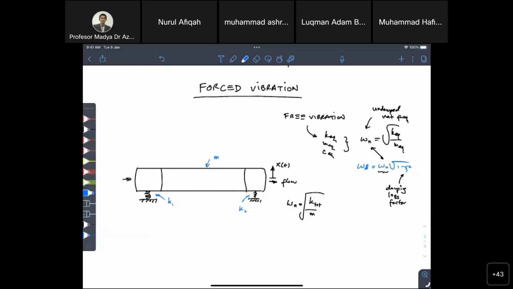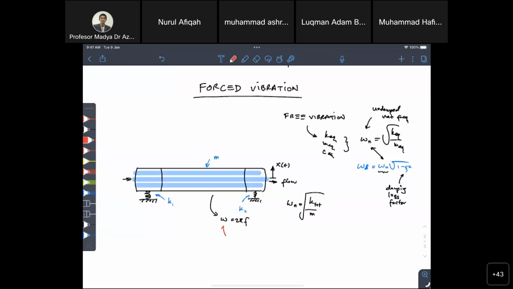Now, if we let the fluid flow inside the piping, the fluid can have different velocity, and different velocity will generate different frequency. So the fluid will excite the vibration of the pipe with different frequency. So let's say omega, or maybe 2 pi f.